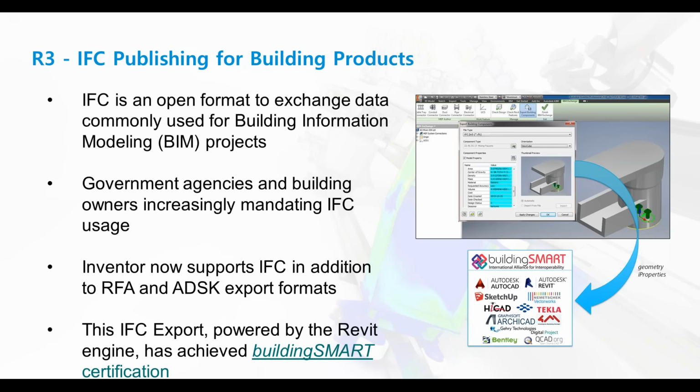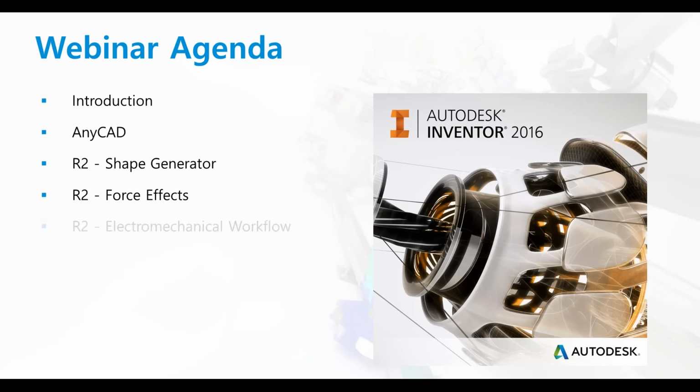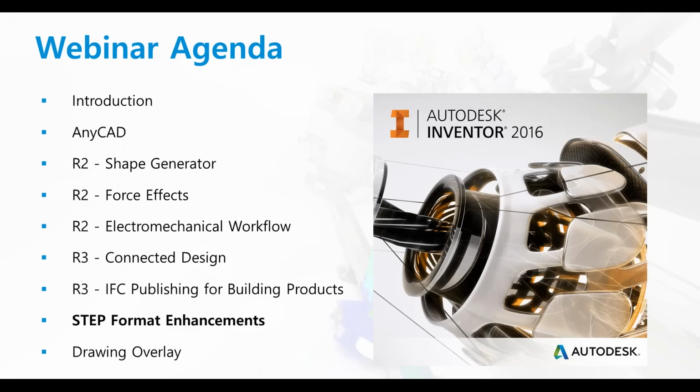So it's another option when you're exporting. All right, so from there, what we're going to do is I'm going to pass this over to Nathan Chandler so that he can go over our enhancements to the step file format.